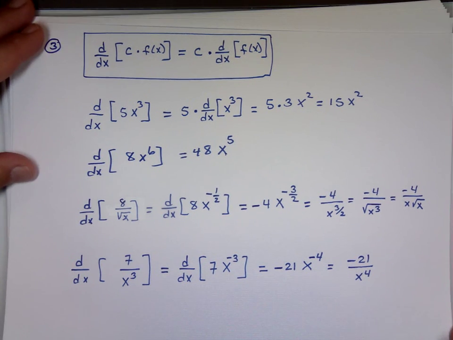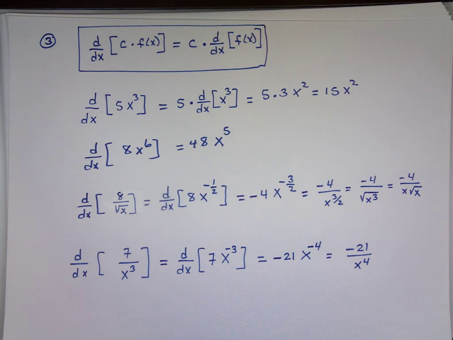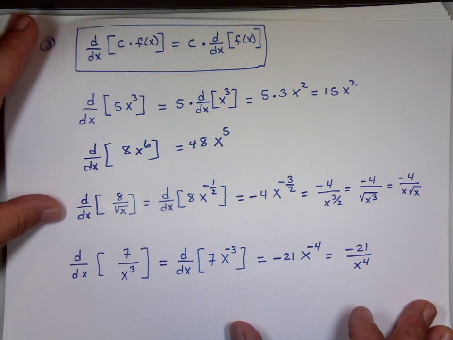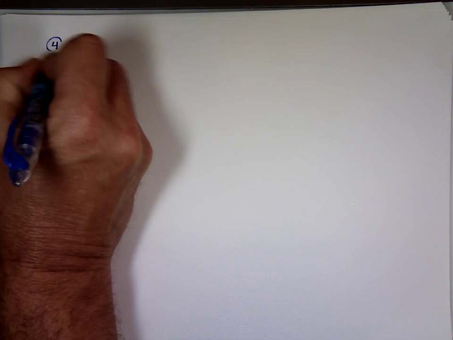In a minute, I'll start mixing problems together. Right now, I'm just going through the properties, the rules. So that's the third rule of derivative. What about the fourth rule of derivative? It says if you have addition or subtraction, you can break it down, simplify it.